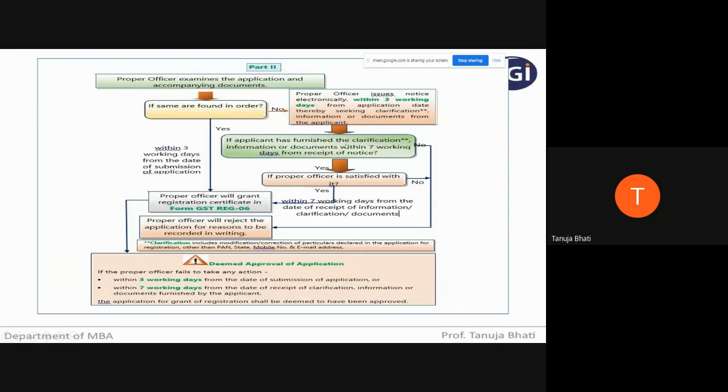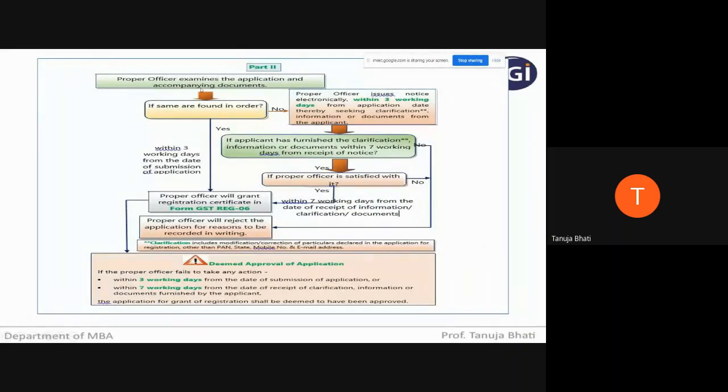If he does not act in 3 days or 7 days, it will be deemed that the application is approved, and that the applicant is registered under GST.